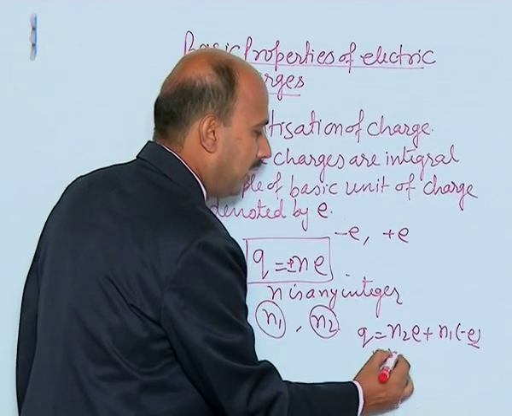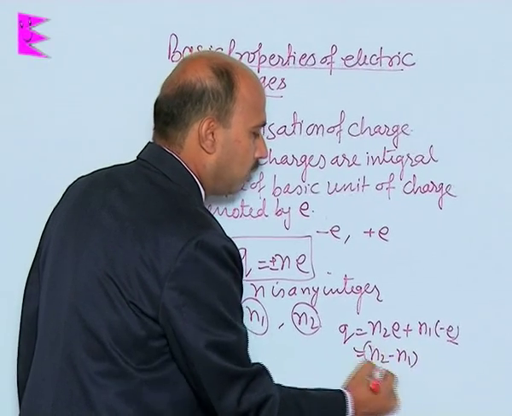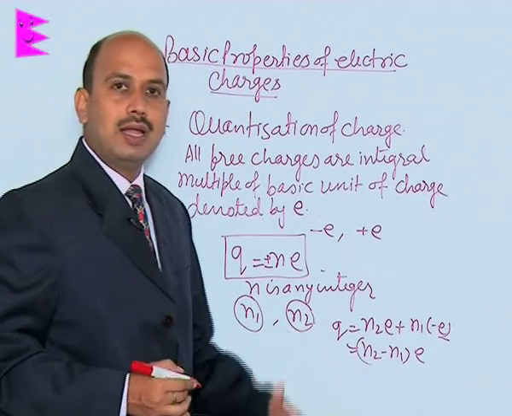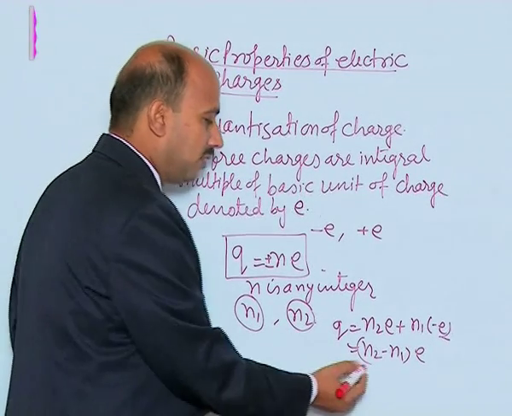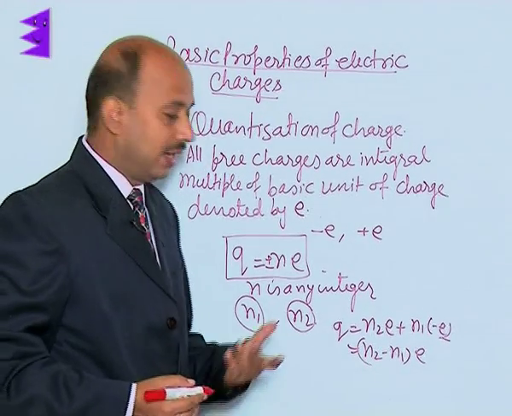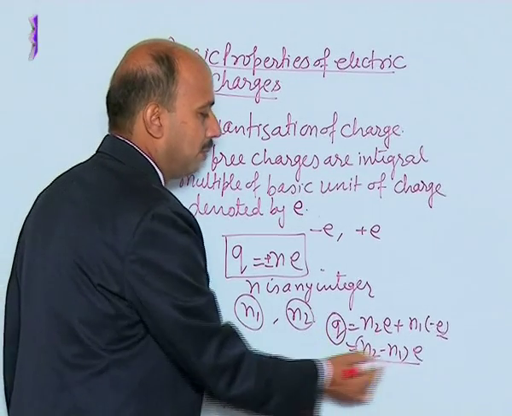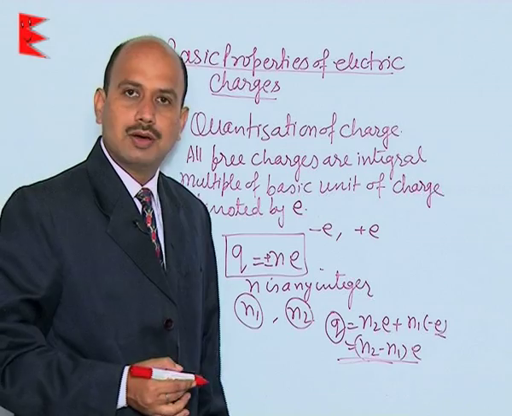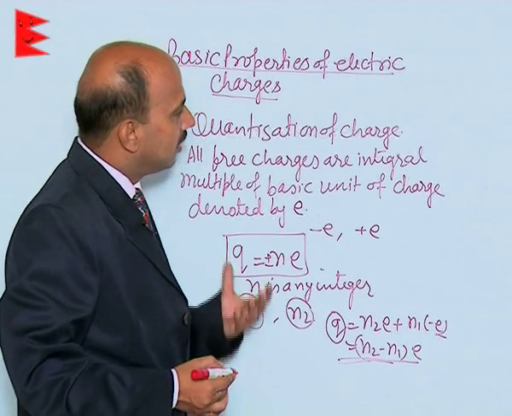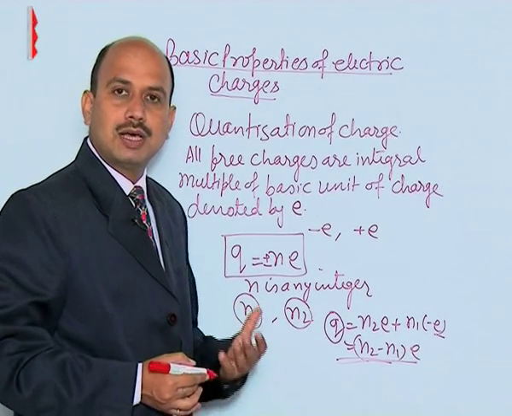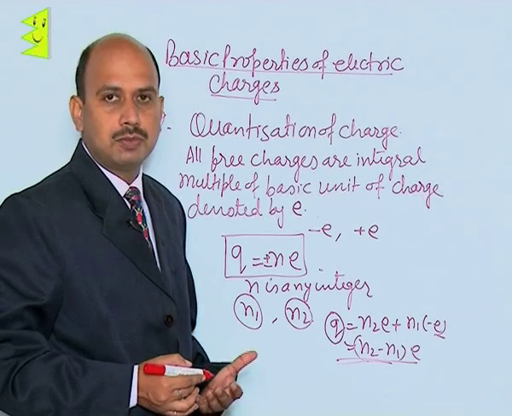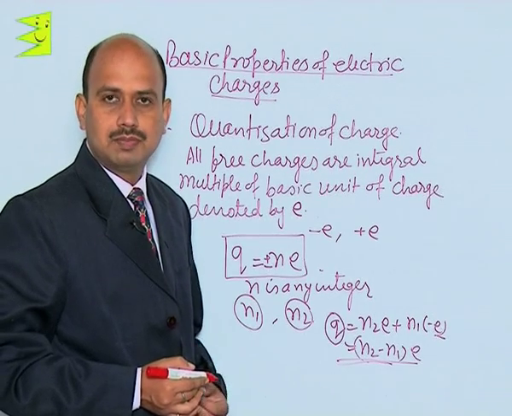So, we can write (n2 minus n1) into e. We know n1 and n2 are integers, so obviously n2 minus n1 will be an integer. So, the net charge of the body is given by this formula. Also, the quantization of charge is only applicable at the microscopic level.